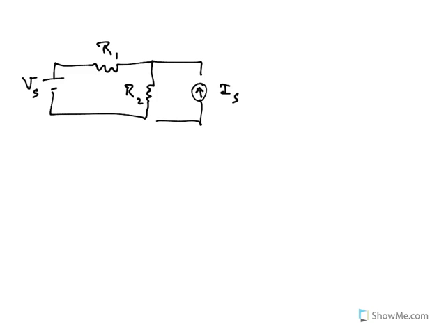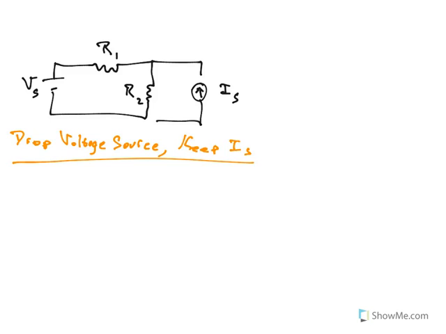This time what we're going to do is drop the voltage source and keep the current source. So what's the rule for this? The rule is if you drop a voltage source, it turns into a short.